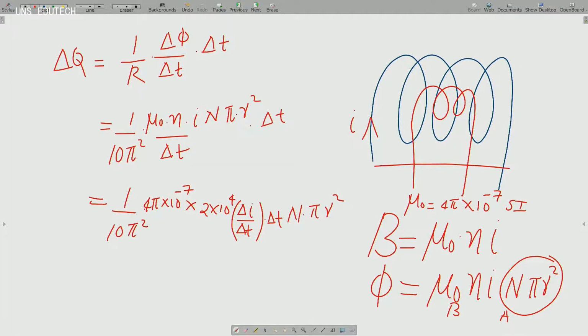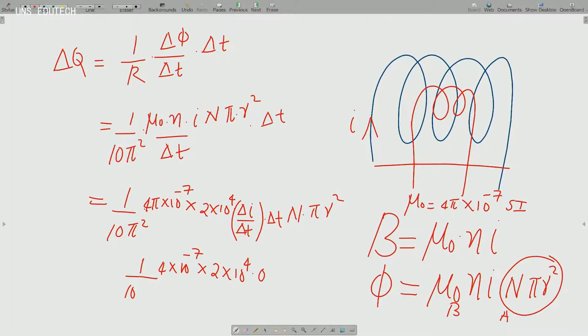Let us substitute all the values. You can see that 1 by 10 pi square, 2 pi's are there, so these 2 pi's will cancel out. So pi square will be gone. So 10 into 4 into 10 to the power minus 7 into 2 into 10 to the power 4 into the current, which changes from 0 to 4 in 0.05 seconds.